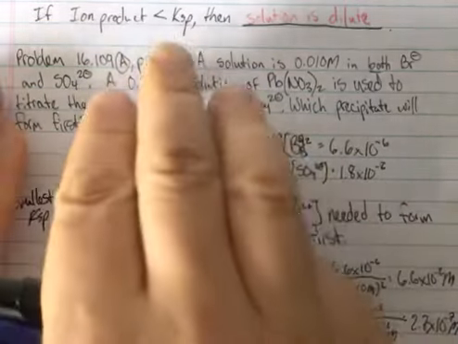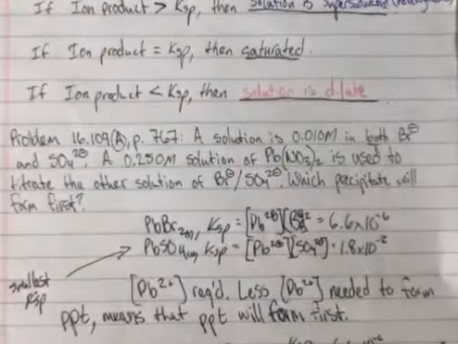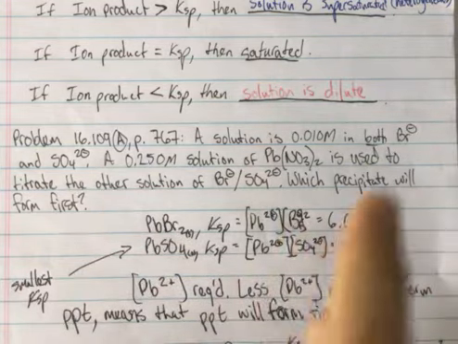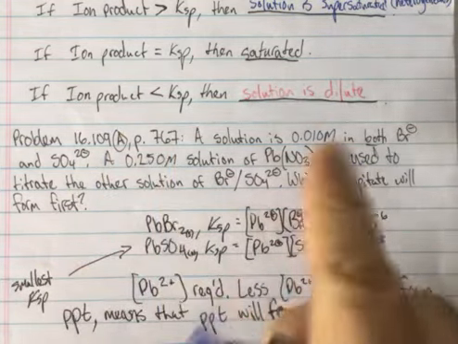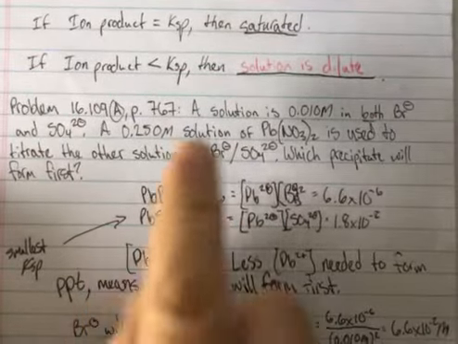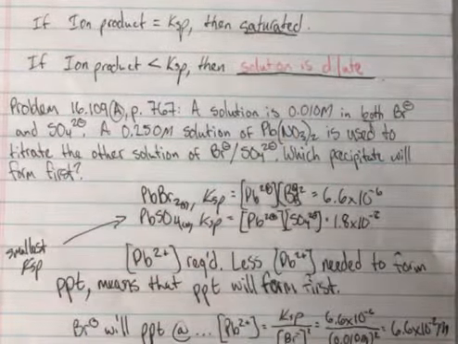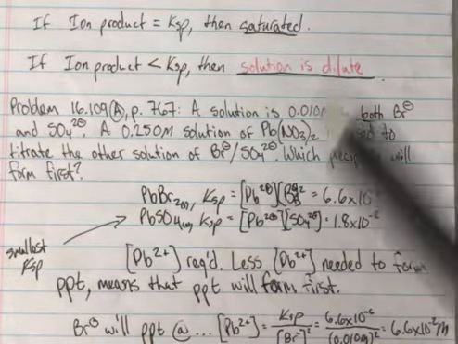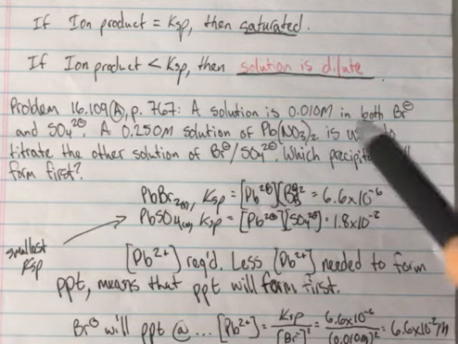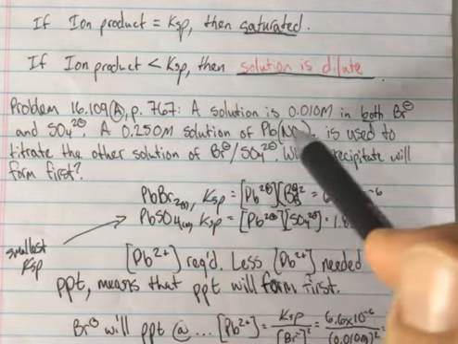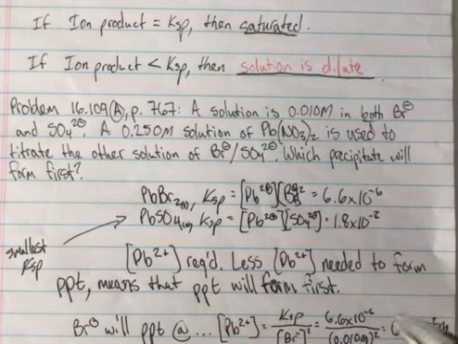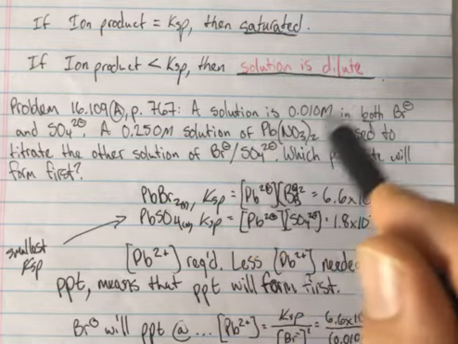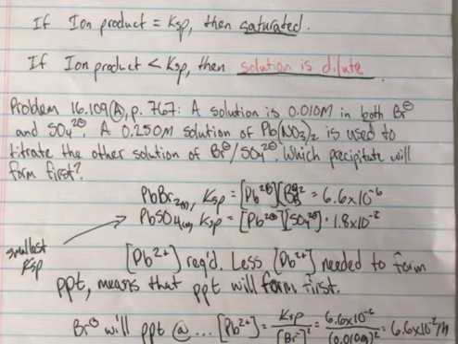Okay, so remember, if the ion product is greater than KSP, the solution is supersaturated. If it's equal to KSP, then saturated. If it's less than KSP, solution is dilute. Now, we have 0.01 molar in both Br minus and SO4 2 minus. The question asks if you add a 0.25 molar solution of lead nitrate to titrate the other solutions of bromide and SO4 2 minus, which precipitate will form first.